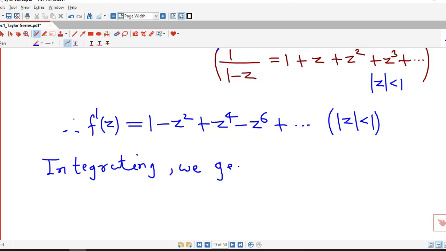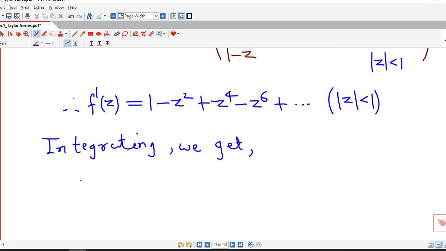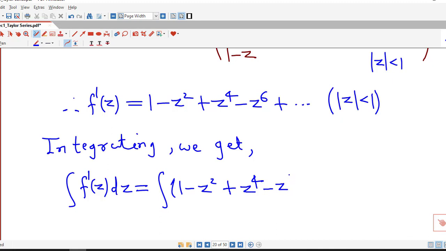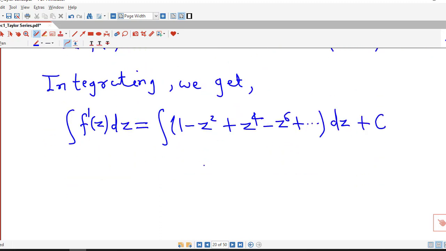On the left hand side we have the integral of f dash z with respect to z, and on the right the integral of 1 minus z square plus z raised to 4 minus z raised to 6 dz, plus a constant of integration, where this c is an arbitrary constant.